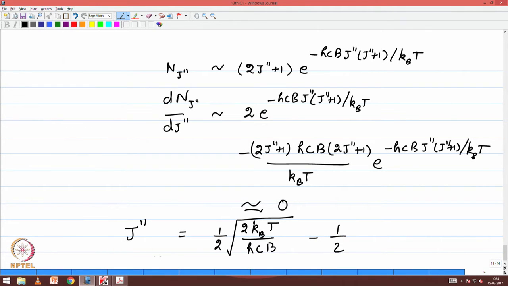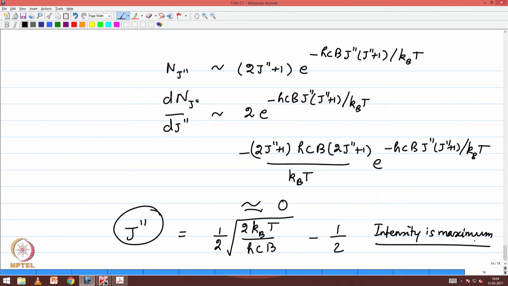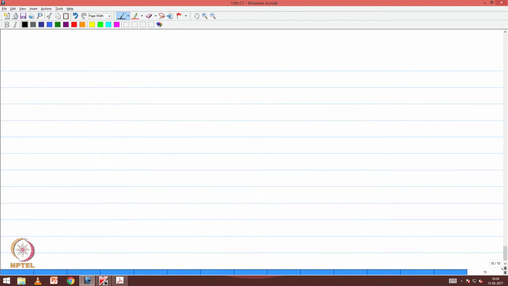So what it means is that for the value J double prime satisfied by this condition, the intensity is maximum. For all other J double prime, the intensity is on either side of the maximum, so it is lower. This is with the rotational spectroscopy.